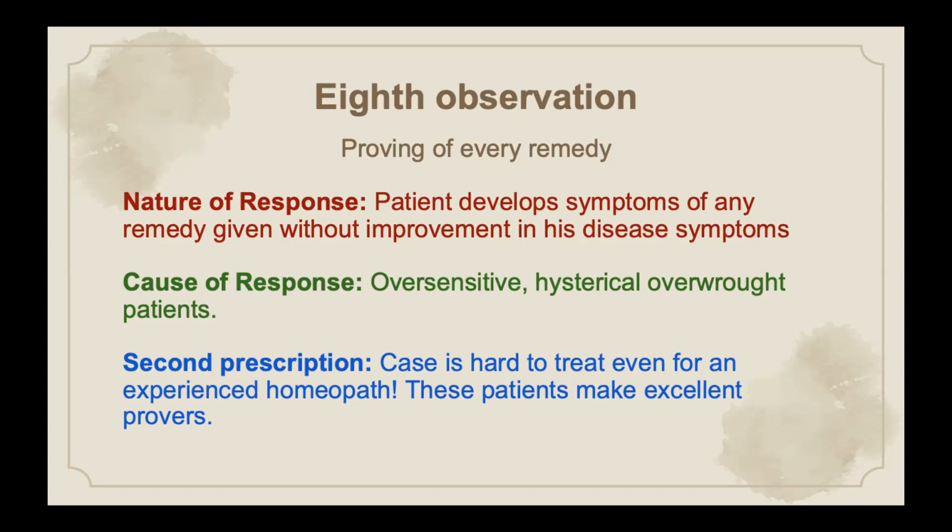If you give Pulsatilla, instead of responding favorably, they start becoming an ideal Pulsatilla patient. Kent's observation is that these cases are really hard to treat because you're getting mostly a proving of the remedy, not favorable responses, but they make excellent provers.